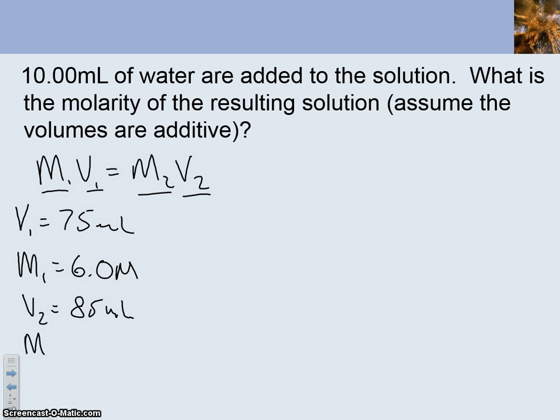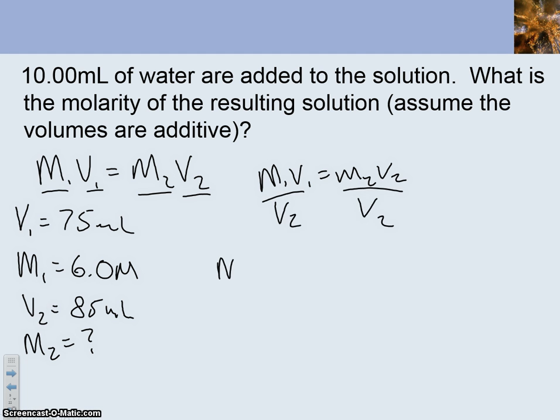So our new molarity should be less than our original 6.0. So M1 V1 is equal to M2 V2. We're solving for M2, so we're going to divide each side by V2. So now M2 is equal to M1 V1 over V2.